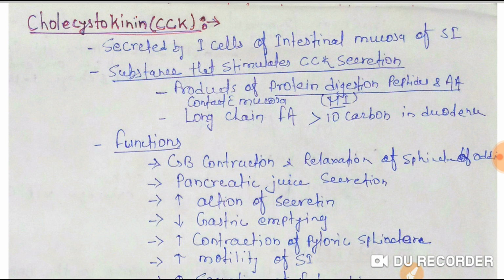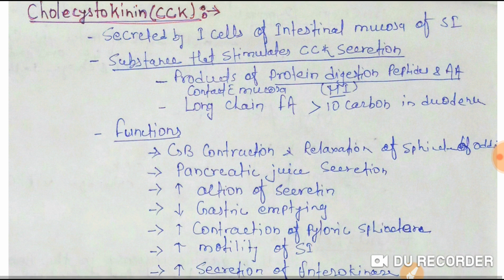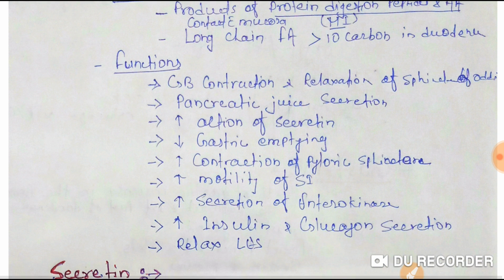Substances that stimulate CCK secretion are the products of protein digestion, peptides and amino acids in contact with the mucosa. Long chain fatty acids of more than 10 carbons in the duodenum also stimulate cholecystokinin secretion.